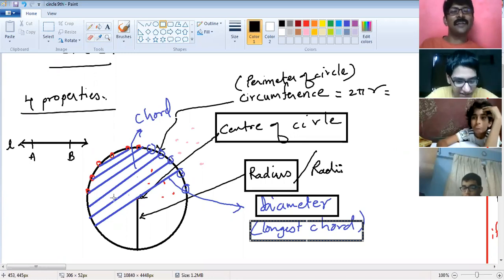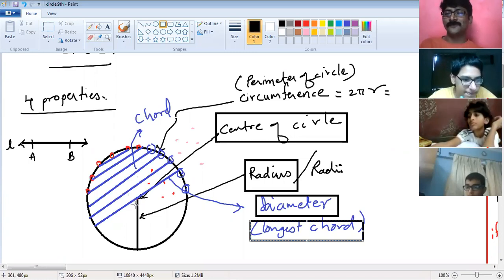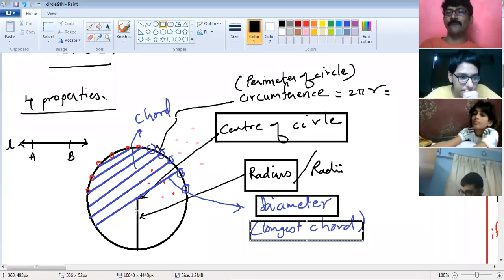Yes, infinite diameters can be drawn because there are infinite points. Infinite points can be joined with infinite lines, and those are passing through the center of the circle. So Kavish, how many diameters can be drawn in one circle? Infinite.